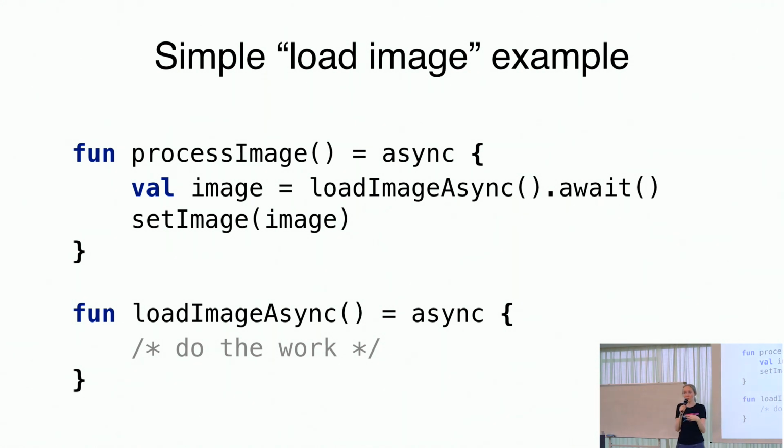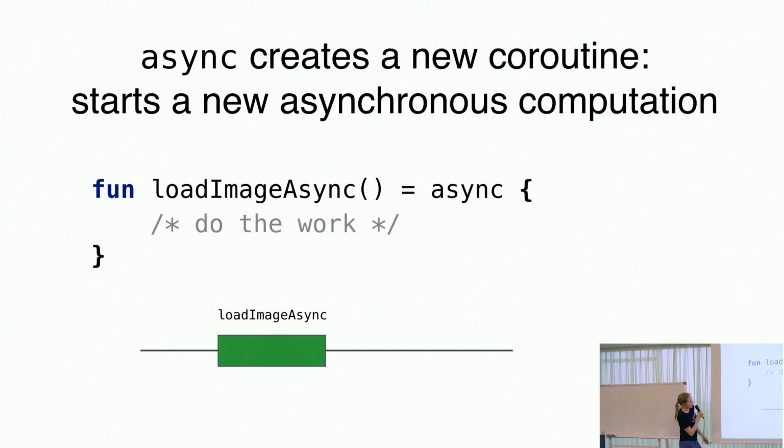I want to demonstrate the mechanics of what happens when we write this code. First, async creates a new coroutine and starts a new asynchronous computation. Here, loadImageAsync started a new computation on the thread.